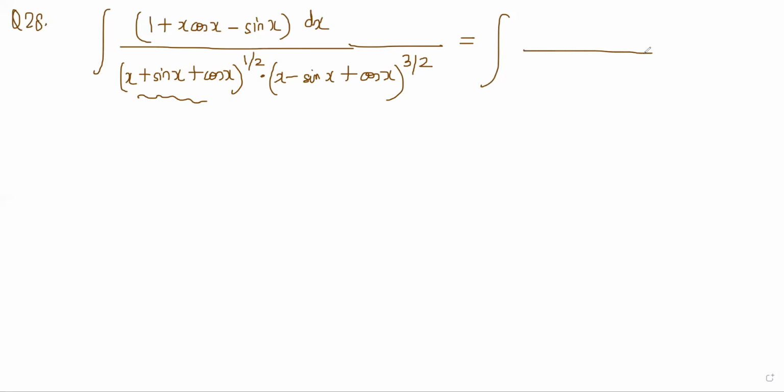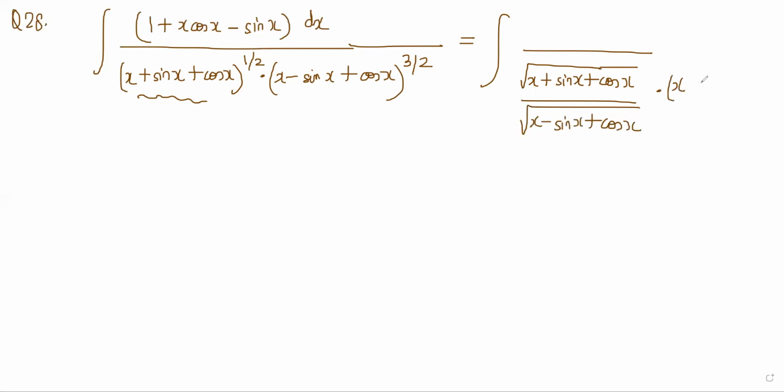What we can do is this is root of (x + sin x + cos x), and this is the 3 by 2 power. So I can put a by root of (x - sin x + cos x), and on top here it will be (x - sin x + cos x) whole square, and here we have (1 + x cos x - sin x) dx.